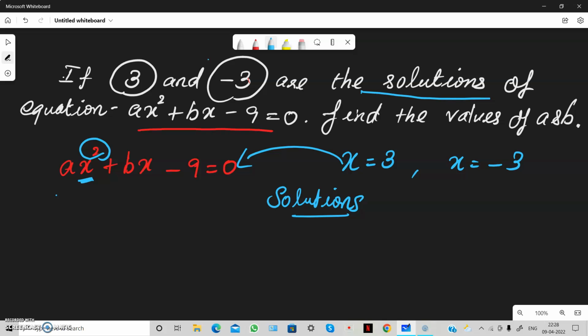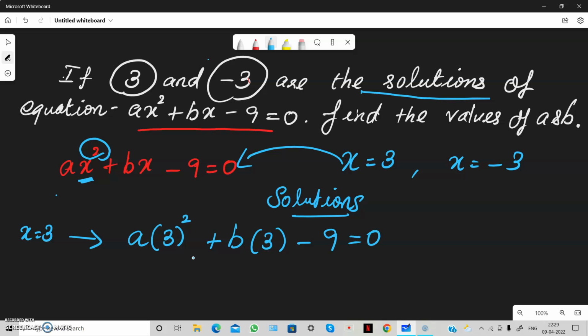So we can substitute x is equal to 3. Shall we substitute? What do you get? You substitute 3 in the place of x. Now a is there. So for ax square, you can write 3 square, plus b for x, you can write 3, minus 9 equal to 0.